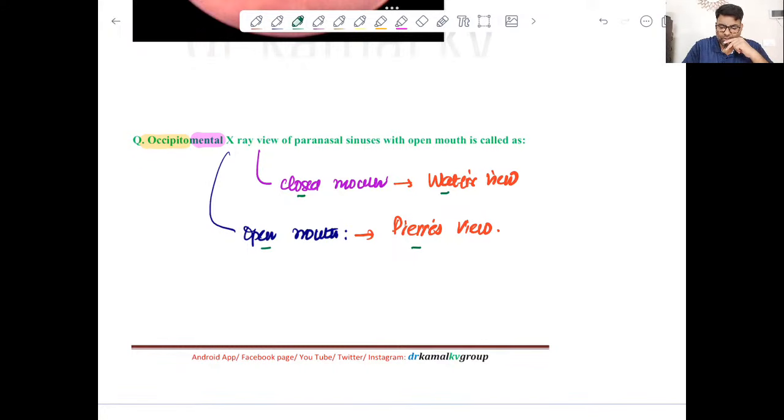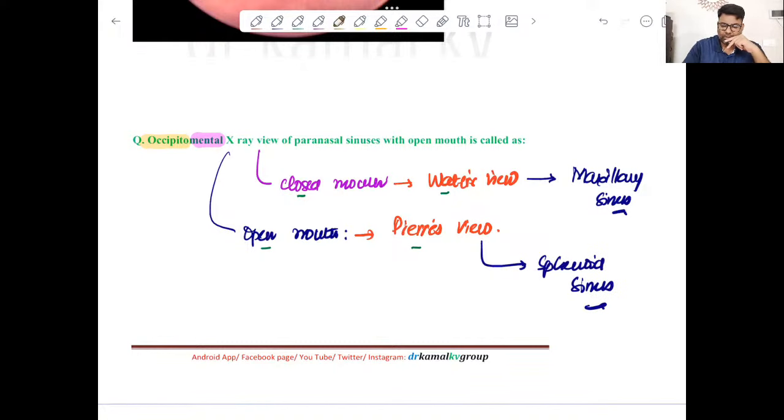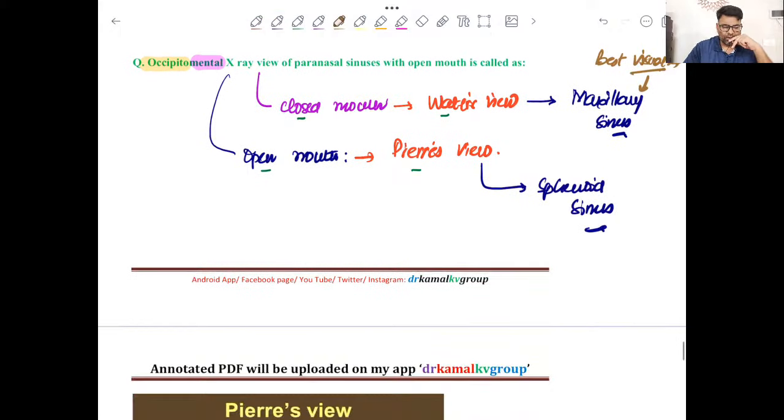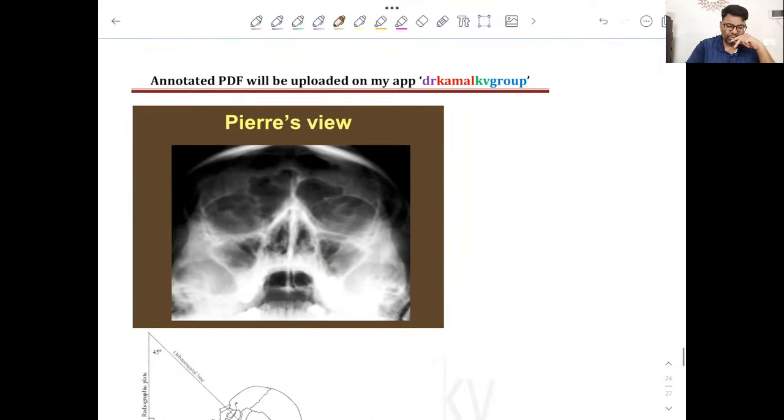And the sinus which is best visualized on closed mouth is the maxillary sinus, although we can see many structures. And Pierre's view is for visualizing the sphenoid sinus. Clear? So here you can see this is the Pierre's view, and the mouth is open, right?